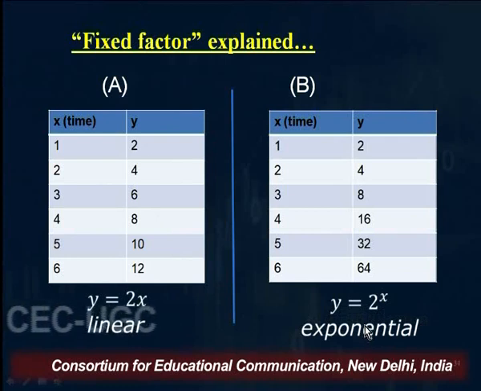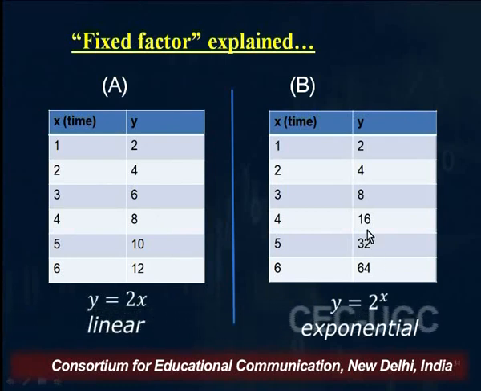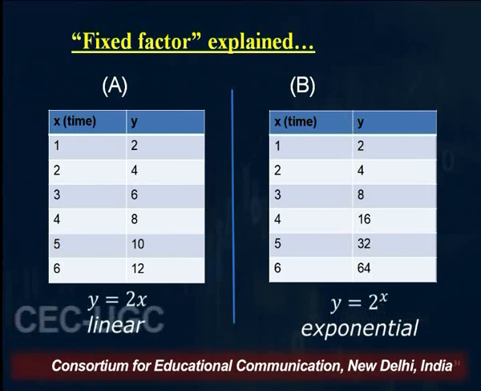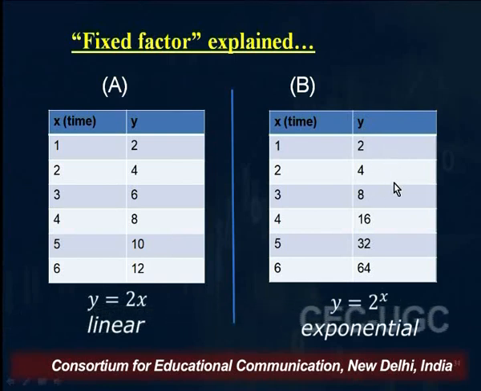However, exponential growth would be modeled by, in this case, because 2 is a fixed factor, and I'll just show you that this base here is what represents a fixed factor, the equation y equal to 2 to the power of x. Between any two consecutive numbers, you'll have the same ratio, okay?